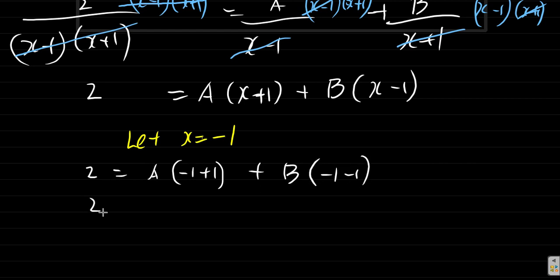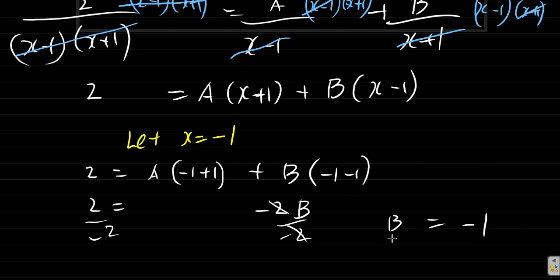What you're going to end up with is 2 equal a times 0. Negative 1 plus 1 is 0, so you don't even have to write it. So 2 is equal to negative 2b. Negative 1 minus 1 is negative 2. So what is b? If you divide both sides by negative 2, then you find that b is equal to negative 1. Alright? So b is negative 1.